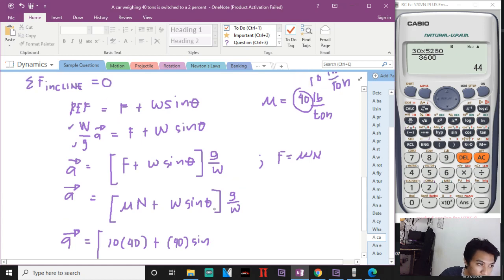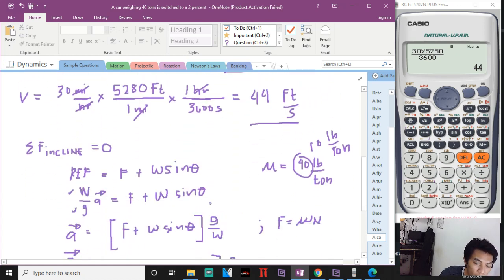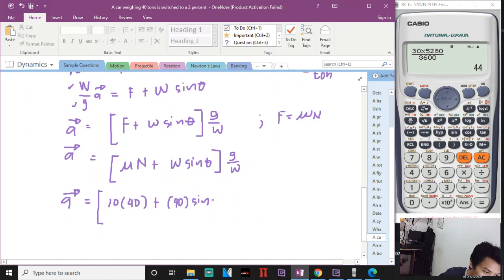That is what we got earlier, 1.1458. Multiply by 32.2 divided by W. Weight is mg, mass times gravity.